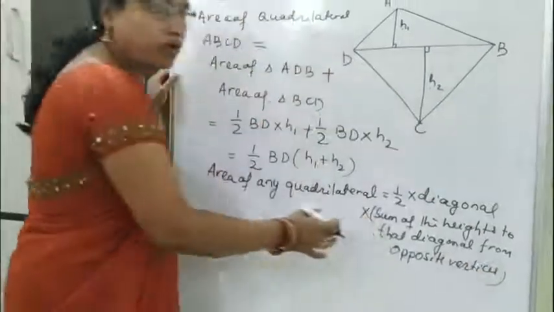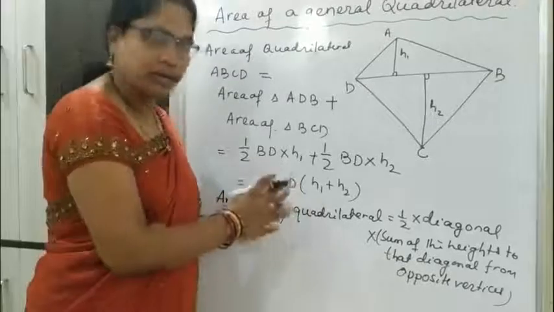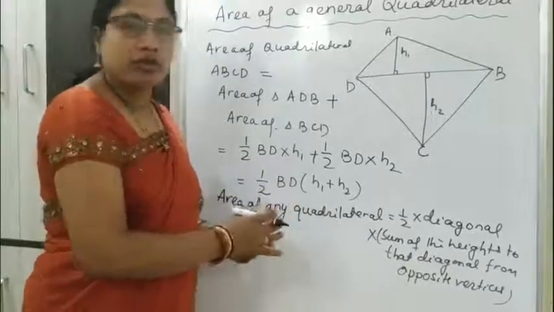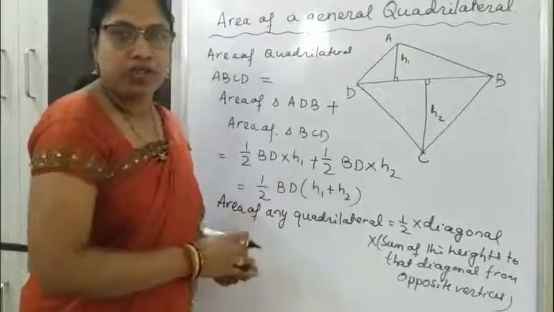So this is the formula for area of a general quadrilateral, that is half multiplied with any diagonal multiplied with the sum of the altitudes or heights to that diagonal from opposite vertices.